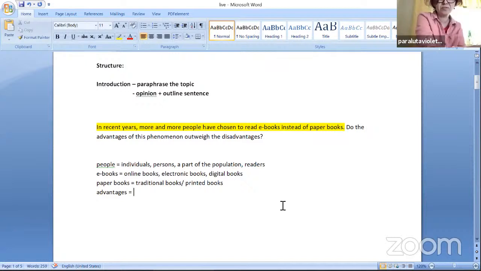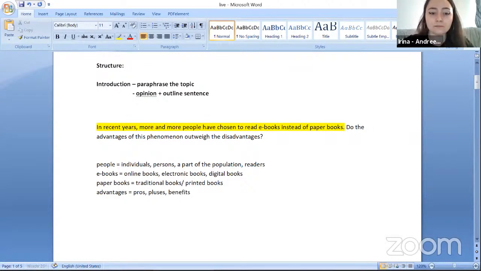A word that has the same meaning. Pros. Okay, pros we can say, but there are better ones. Pluses. What else? Benefits. Positive aspects, for example.